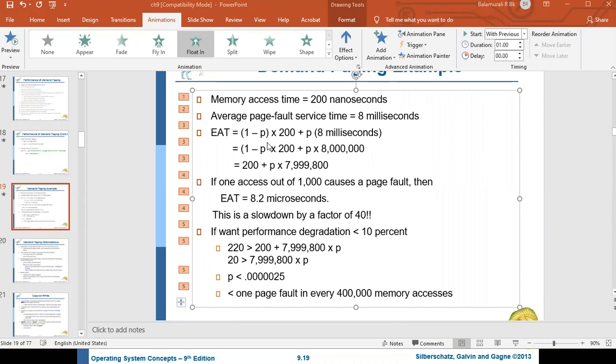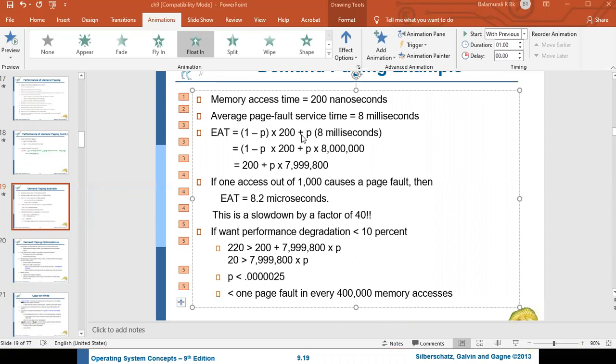So you may get problems from this lecture, like you may be asked to calculate the effective access time, given the memory access time, average page fault service time, and the page faults per 1,000 instructions or 2,000 instructions, whatever it may be.